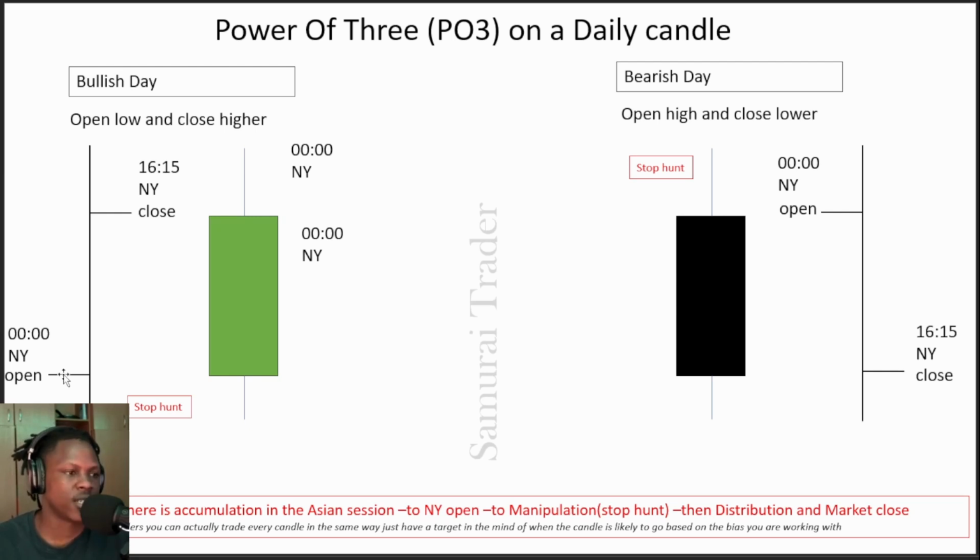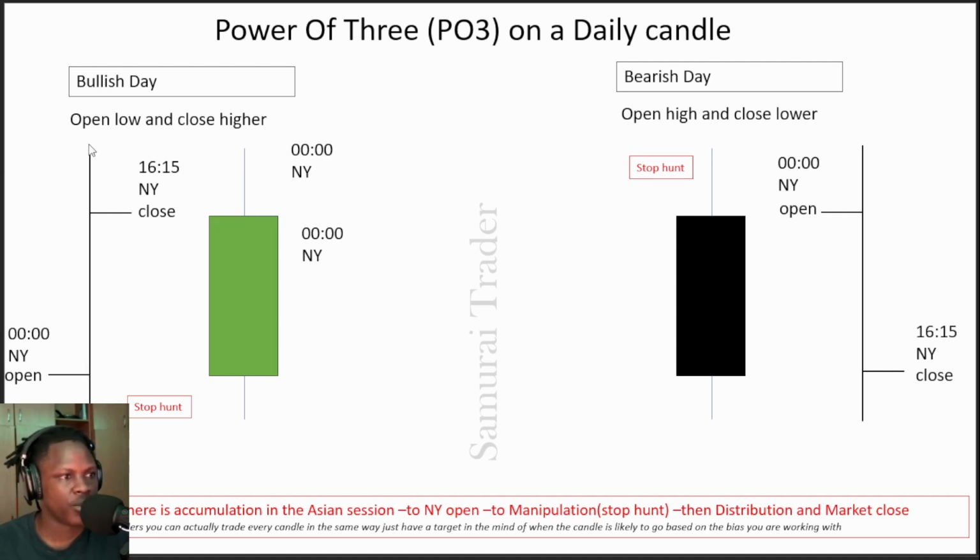Each session tends to have some kind of accumulation. You reach the New York open, you have manipulation. Retail traders will try to chase price, thinking it's going down, but you see a shift in market structure, which leads into a distribution, like from the previous slide I've shown you.